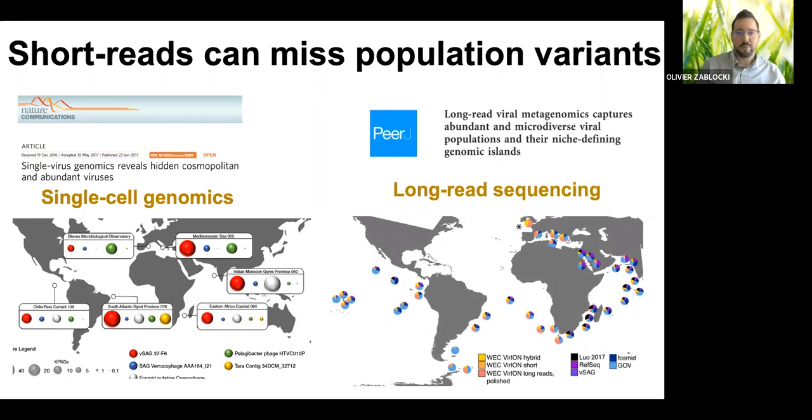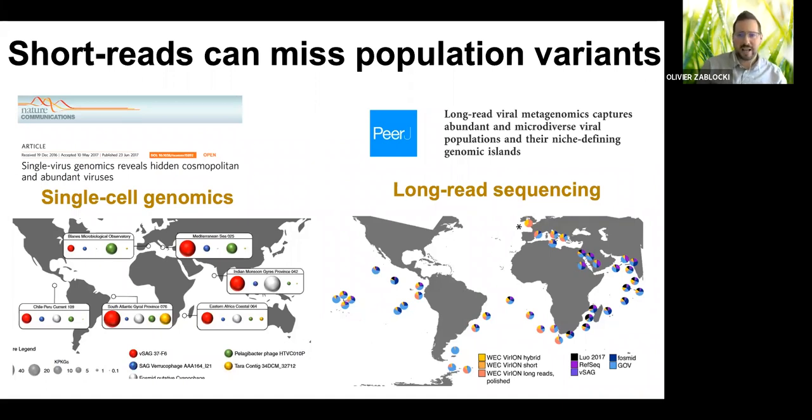They also confirmed this with long-read sequencing technologies, where they saw these additional variants for these populations. And within these variants, they also saw the presence of niche-defining genomic islands, which we will get back to in a short while.